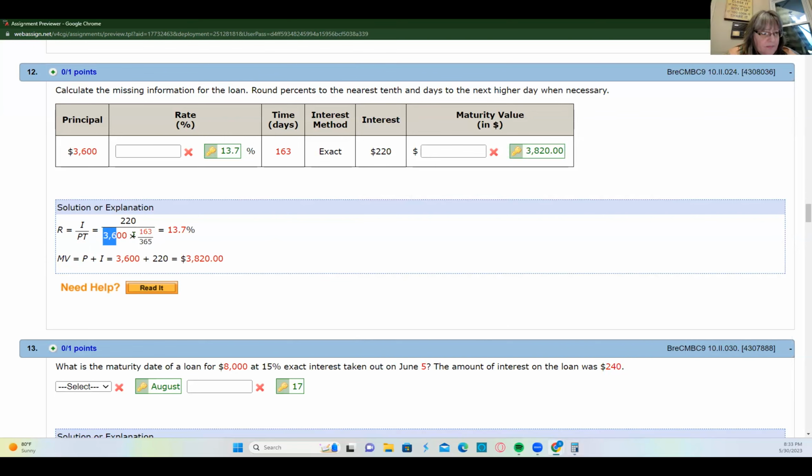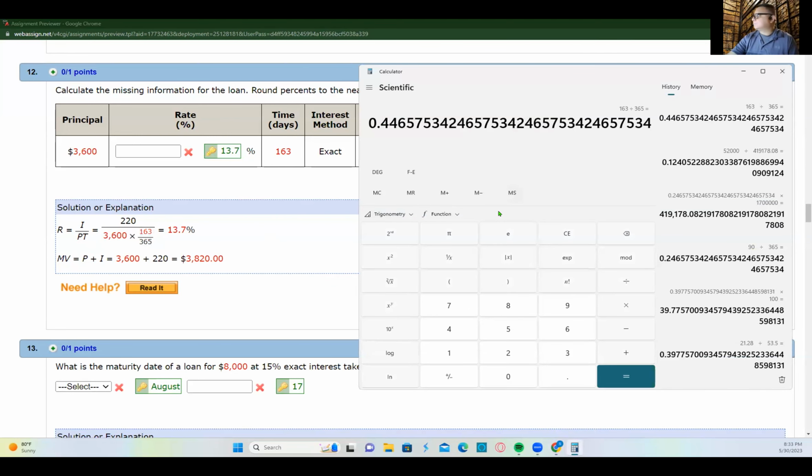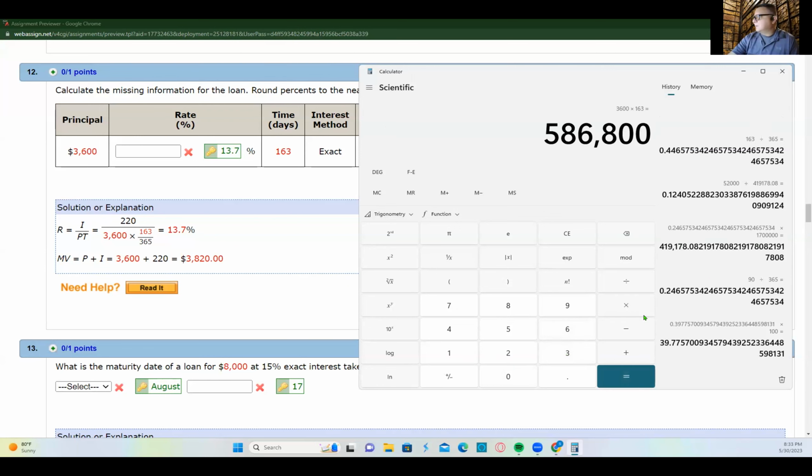Now you can do it a different way as well. You can do all this at once. When I'm teaching, I try to keep it in simple, bite-sized pieces, but you could also go 3,600 times 163, whatever that equals, divided by 365.